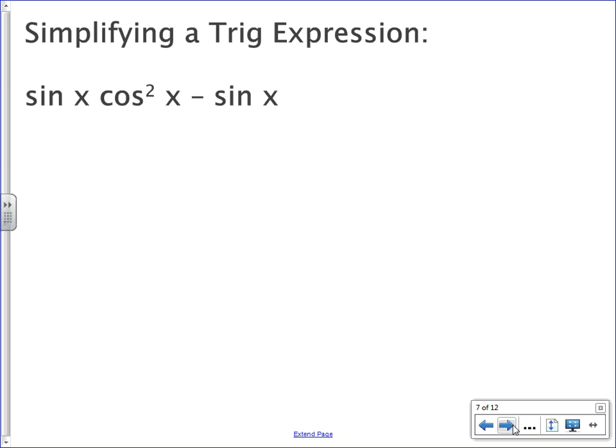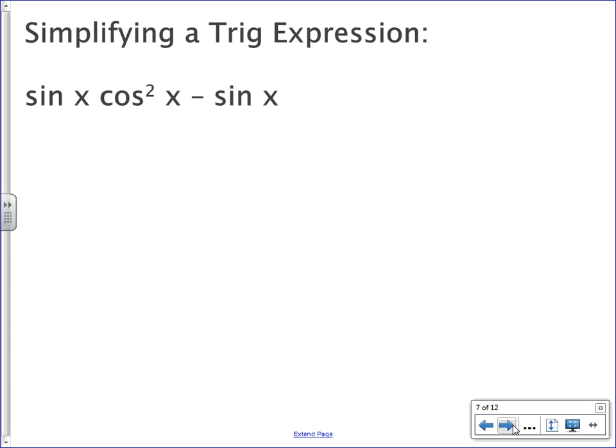So I'm going to show you some tricks, what you need to look for, when you're simplifying these. So here we have sine x cosine squared x minus sine x. What do you notice? They all have the same angle, and that's a good thing.